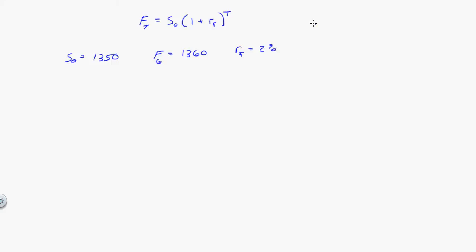So I say the futures price should be $1,350 times 1.02 raised not to the 6, but we have to put this in terms of years, raised to the 6 over 12, or the 1/2. This is equal to $1,363.43. We don't worry about the rounding.